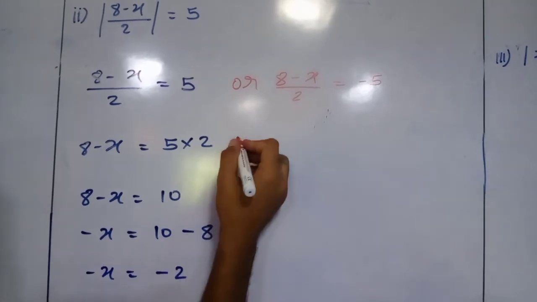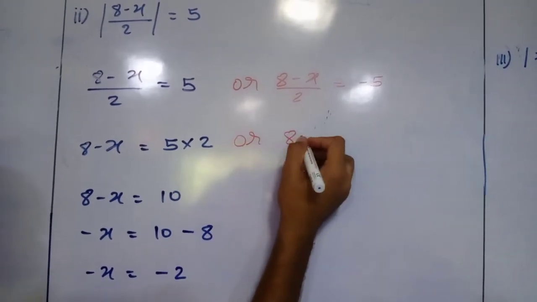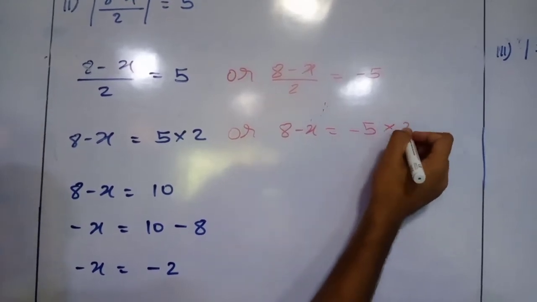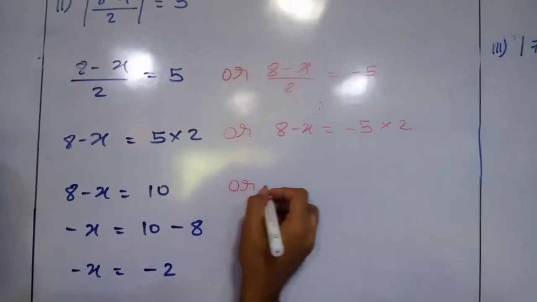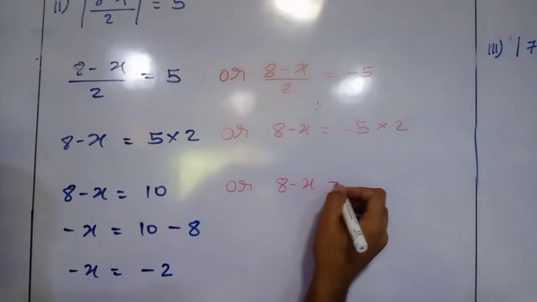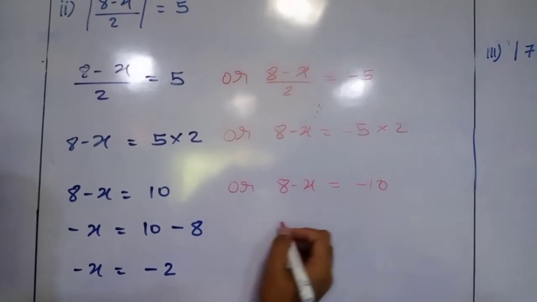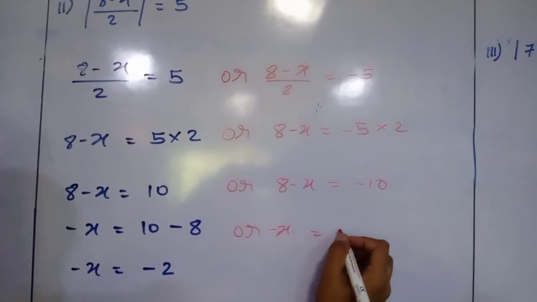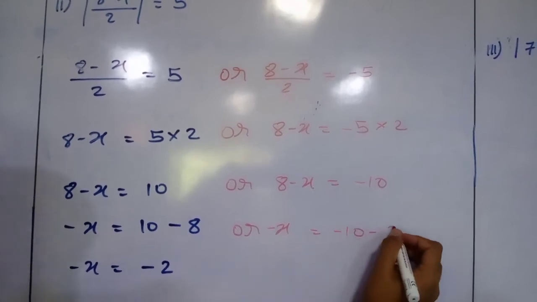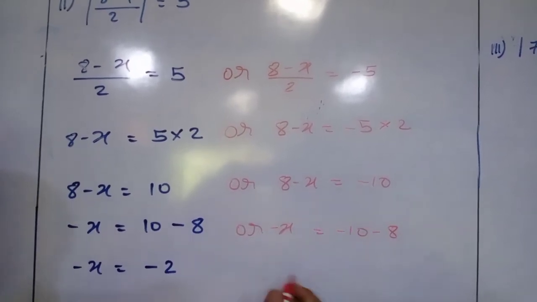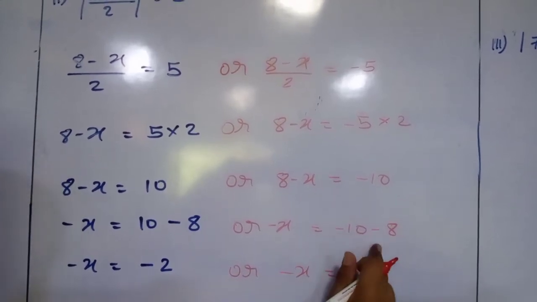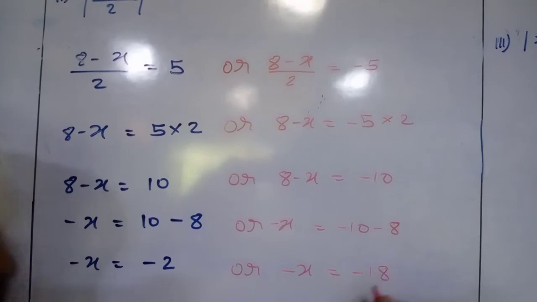Now for the other one, 8 minus x is equal to minus 10, so minus x is equal to minus 10 minus 8, which will become minus 18.